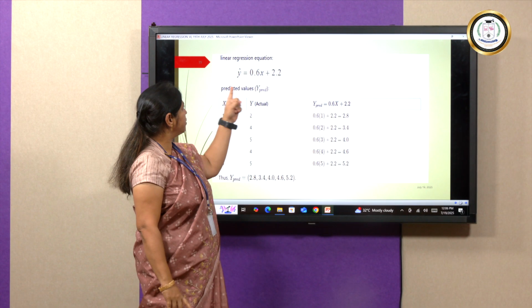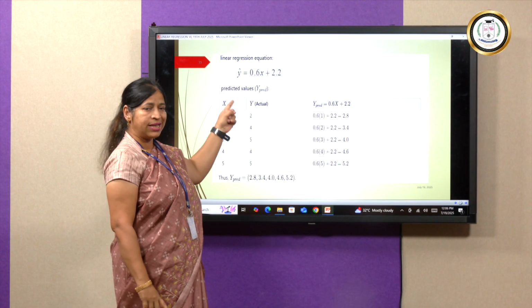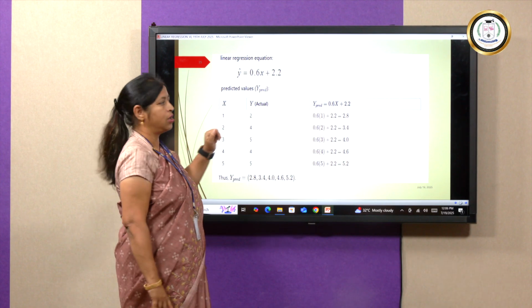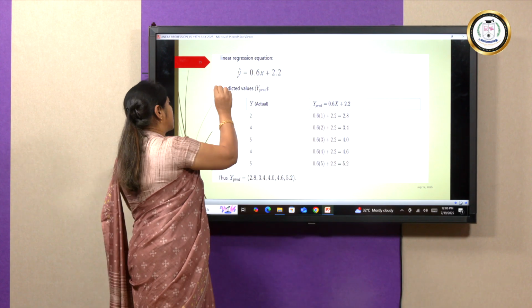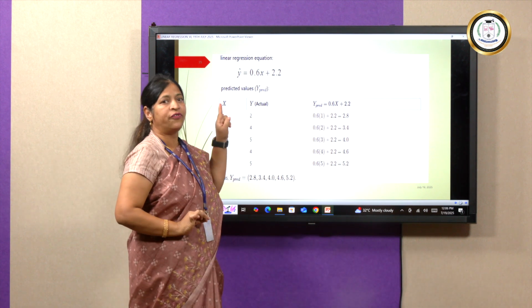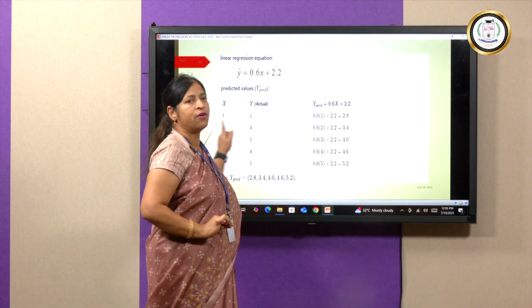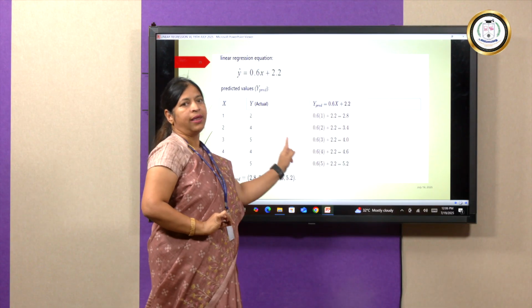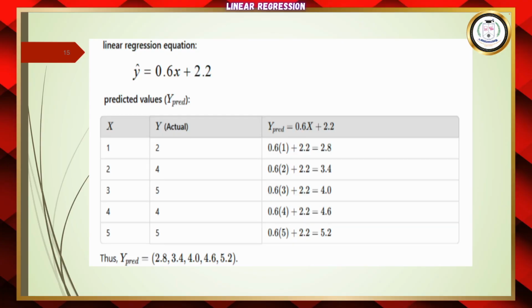So what is the equation? y cap is equal to 0.6x plus 2.2. You should substitute each and every x into the equation and calculate the y cap for all the x values. When you calculate, you have these values as y predicted.